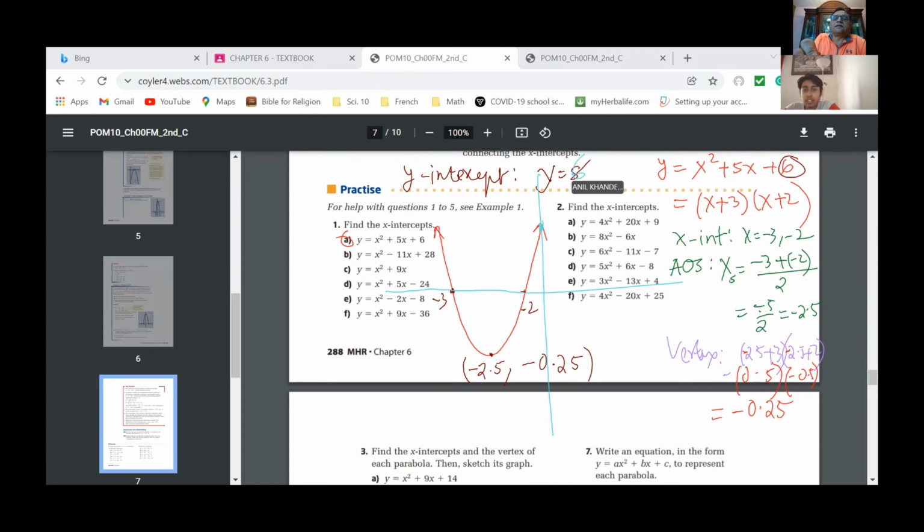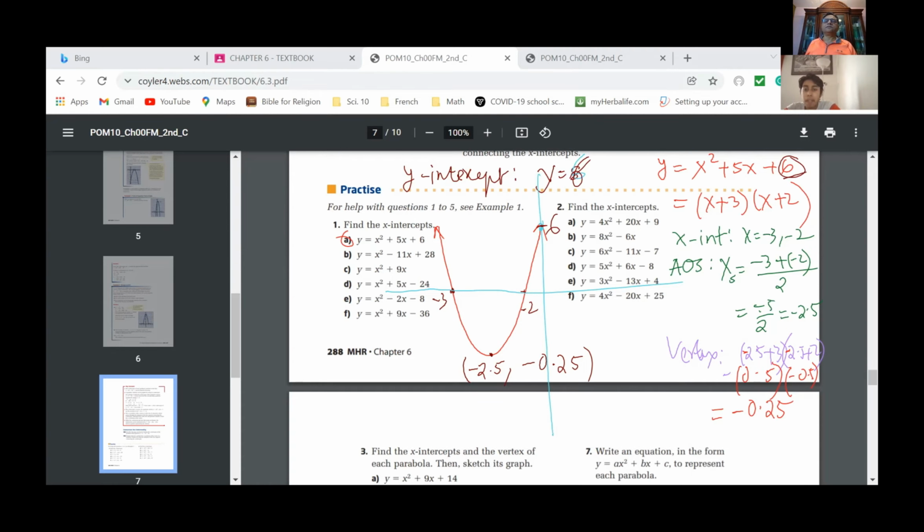I wanted to write 6, I wrote 8. 6 is there, right? Is that clear to you? Yes, sir. In these equations, you can also change from standard to vertex form, right, sir, and then just solve it. Yeah, you could.